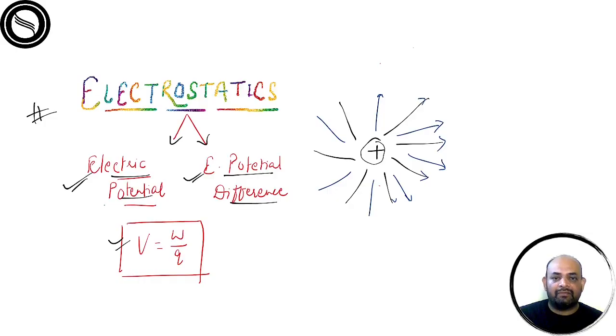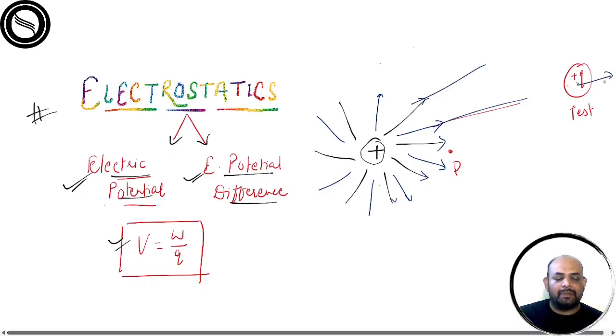Now suppose we have a test charge. A test charge can be anything; suppose this test charge is plus Q. If you bring this charge to a particular point P in the electric field, we have to do work against the repulsion, because just now we discussed that there will be a repulsive force on this test charge because of the electric field.